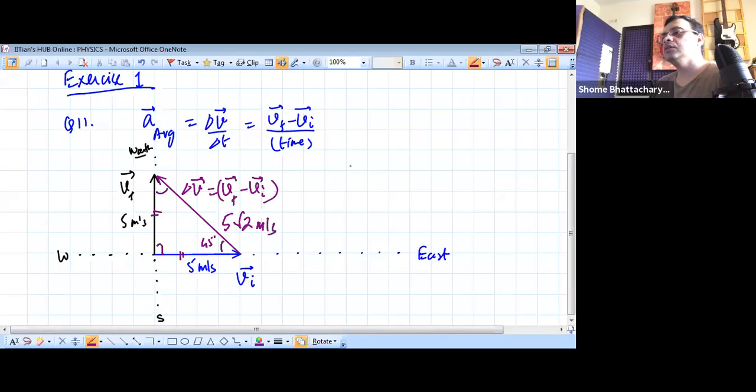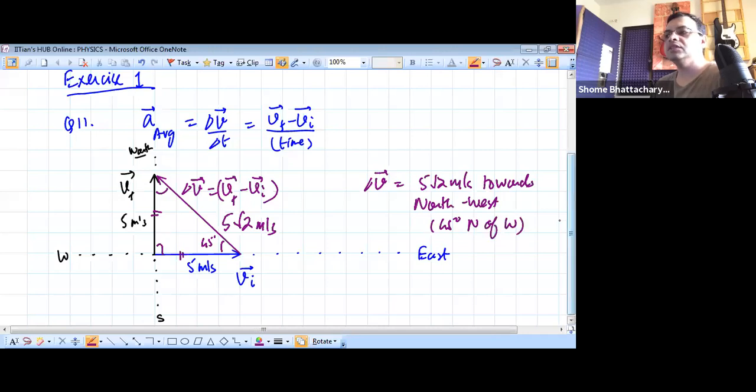So delta v, or change in velocity, is 5 root 2 meters per second towards northwest, 45 degrees north of west. Because it's 45 degrees, northwest perfectly bisects that angle. So that becomes the change in velocity.